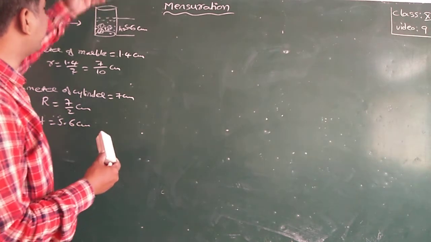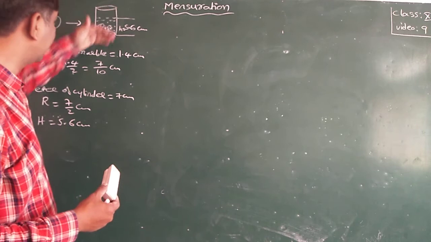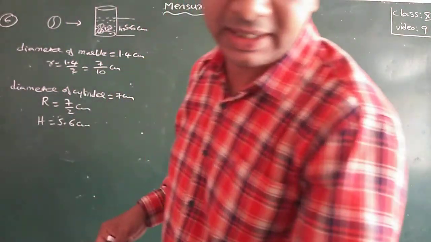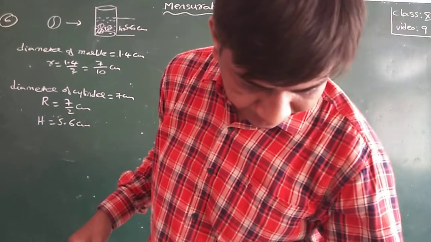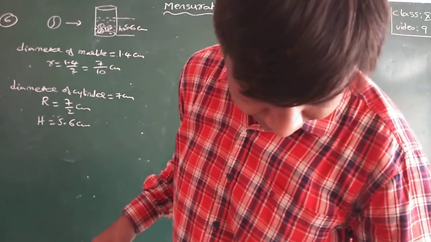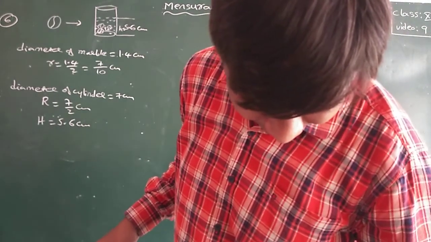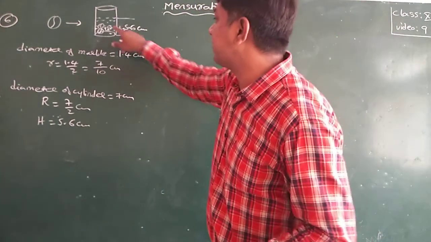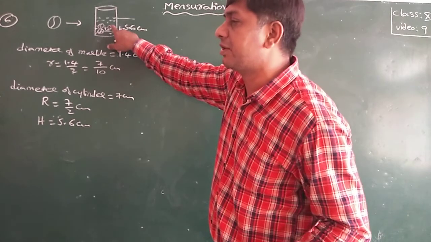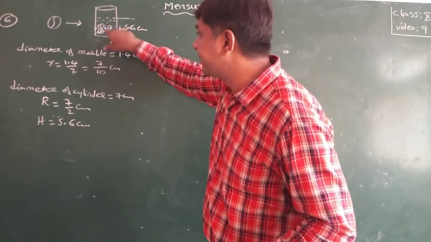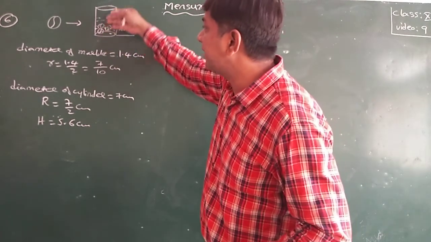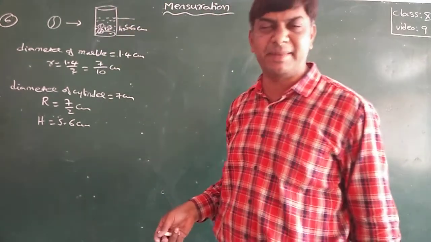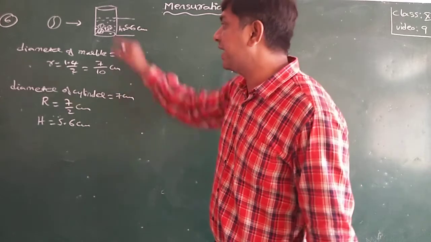To reach this 5.6 centimeters height, how many marbles are dropped into the beaker? That they asked. Find the number of marbles. The water level was starting here only. When you drop the marbles, this water level rises till here. Means height became 5.6 centimeters. Actual height they did not give.